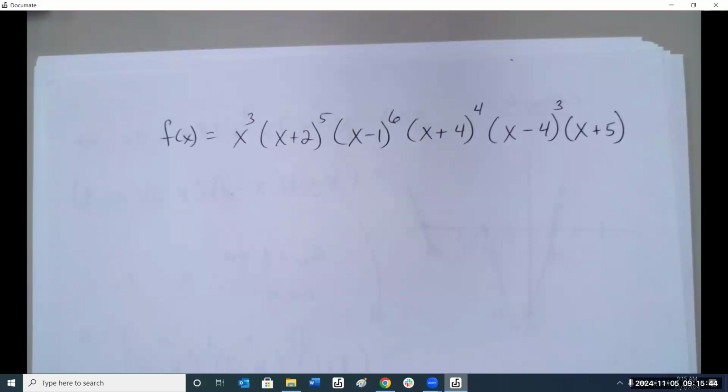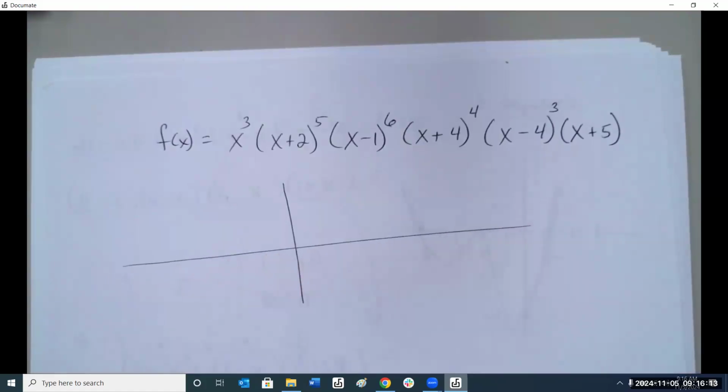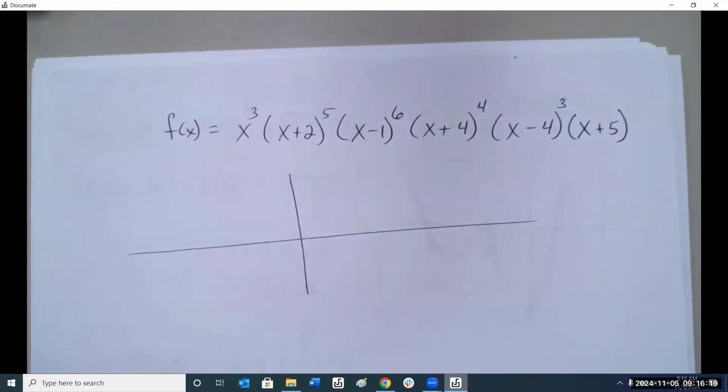Sketch this graph. Remember, to sketch it, what do you need to know? Do we know the x-intercepts?